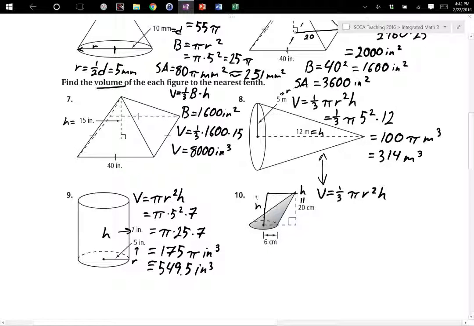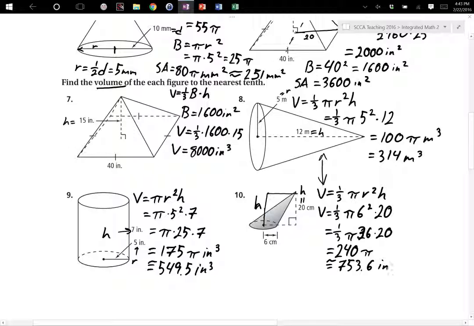So there's our h, and it's the same radius. So plugging everything in, 1/3 pi times 6 squared times 20, which gives me 1/3 pi times 36 times 20, which is 240 pi, which is approximately 753.6 inches cubed.